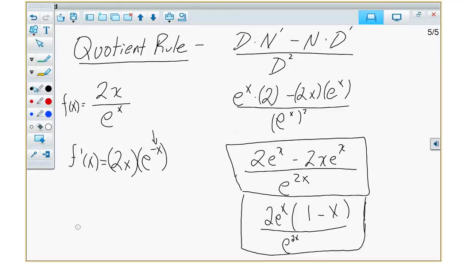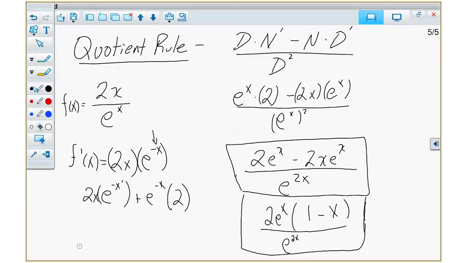And of course, if you did this, that would be 2x e to the negative x prime plus e to the negative x times 2, and that's going to give you, you see the negative x right there, and the negative x here, so you're going to factor that out, and that's going to come down, and there's the 2 and the x, so you can see that it's going to work there, but that negative comes out.